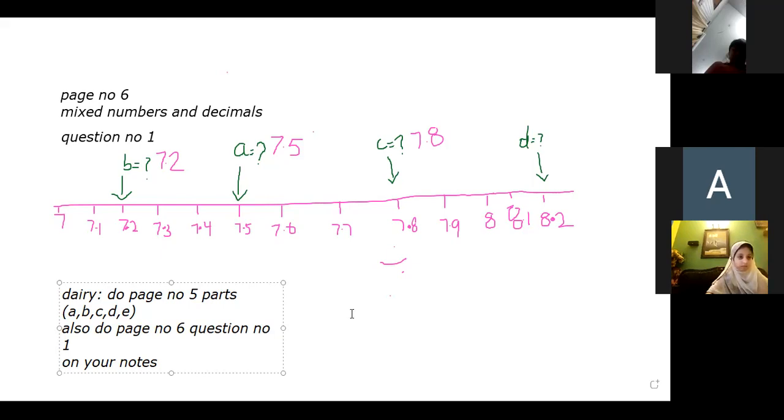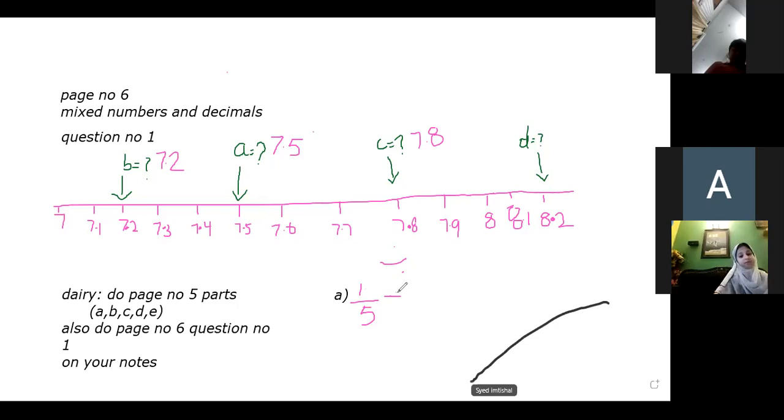That is, the first question is, I'm going to tell you again. We have only 2 minutes left. So listen to me carefully. A part, that is 1/5. First, I have to convert it into tenths. Sayyid Intishar, don't do this.